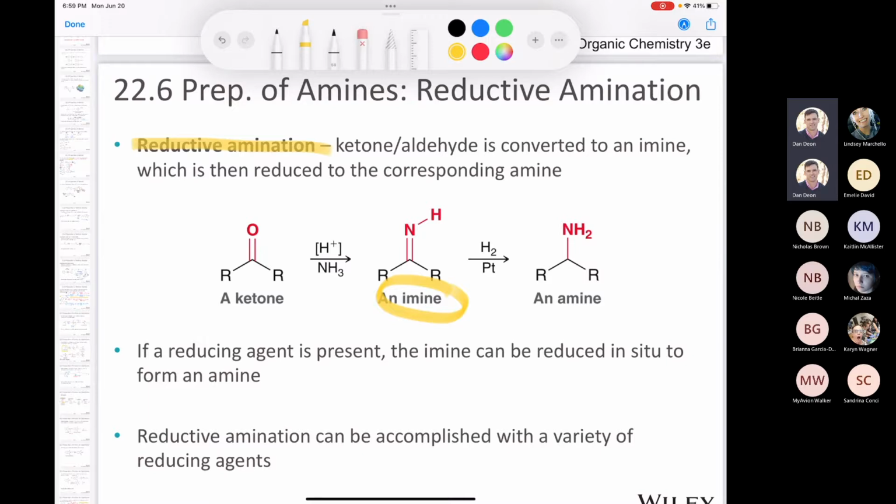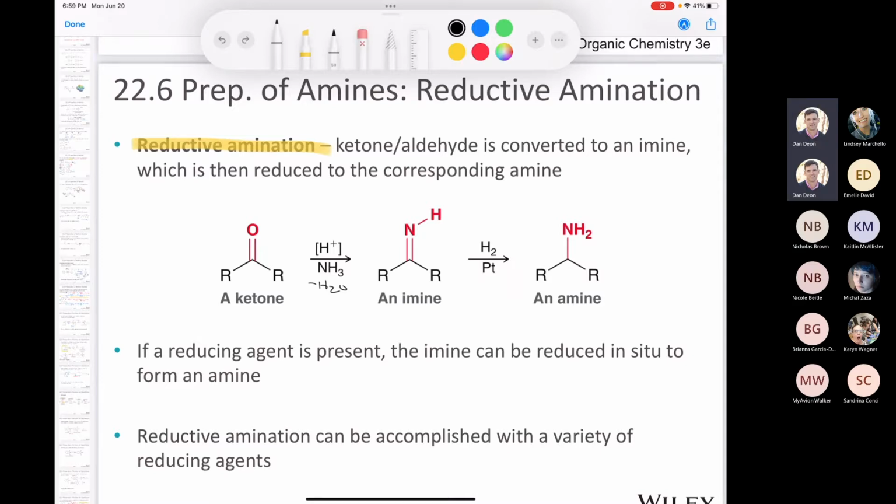So if we take a ketone, we know that we can treat it with a catalytic amount of acid and ammonia, and of course you end up losing water in the process, and we can make an imine. And then we can reduce that imine using hydrogenation. Sure, that works, to make an amine.